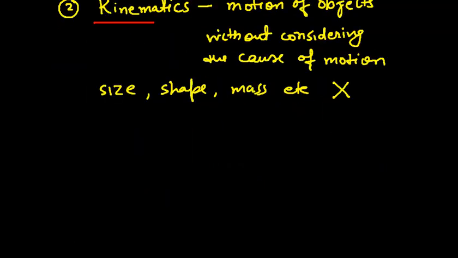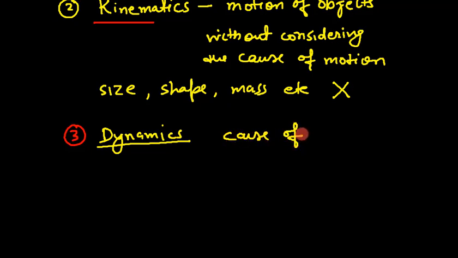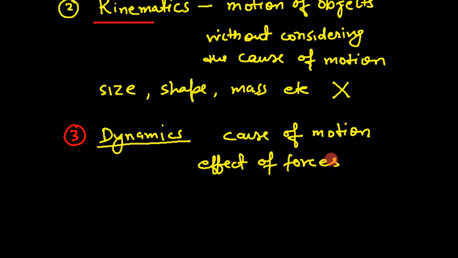Now we'll talk about the third part, and the third part is dynamics. Well, this is the branch of mechanics which deals with the cause of motion. So, in dynamics, we study the effect of forces which cause the motion.